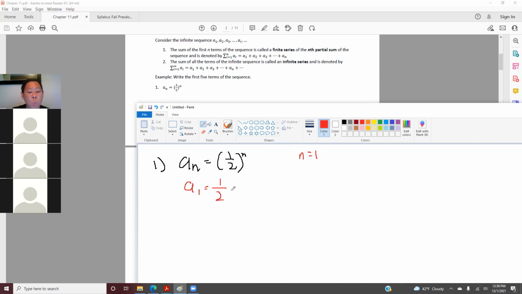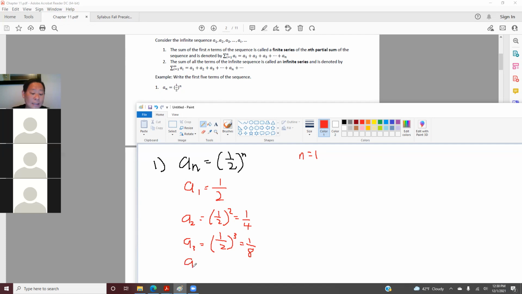Your answer in this case is half. A2, you put n is 2, so this will be 1/2 squared. So this is 1/4. And you repeat. A3 is 1/2 cubed. This is 1/8.